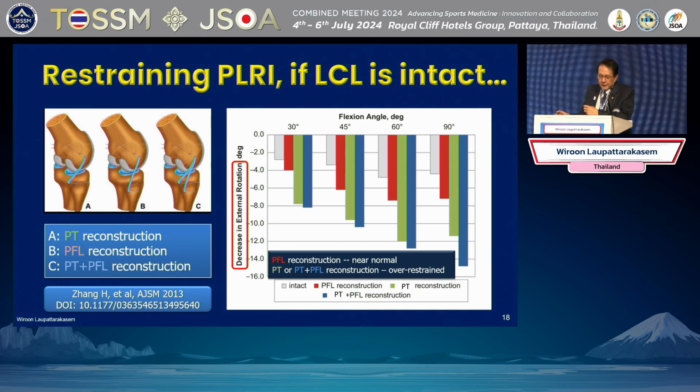So if we reconstruct too much of this, like adding two reconstruction techniques, it will be too tight and cause too much constraint.